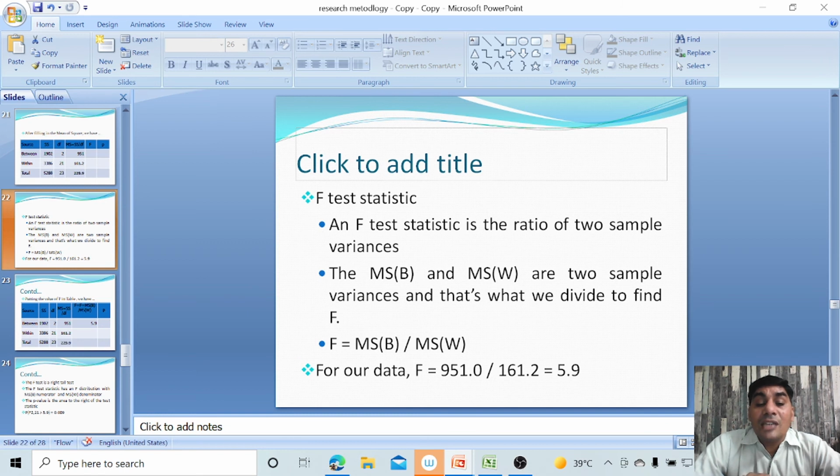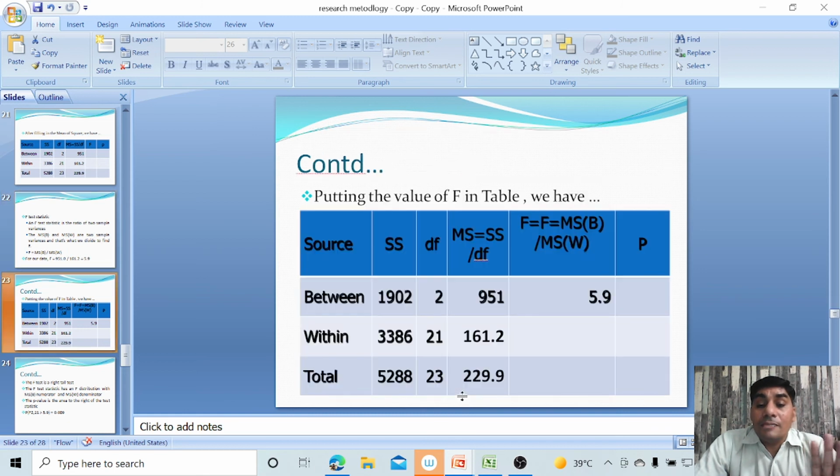In our data, F is equal to 951.0 divided by 161.2, which is equal to 5.9. So we put the value of the F statistic in our table.